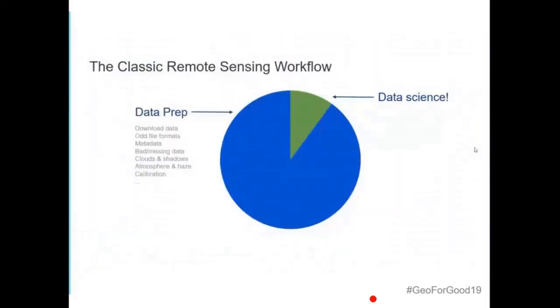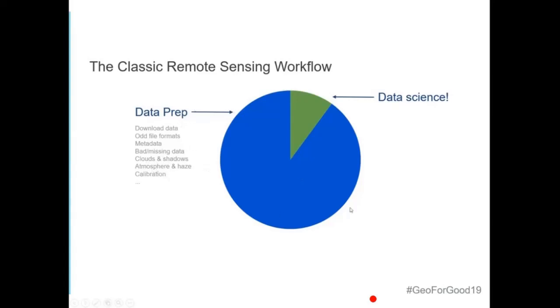The classic remote sensing workflow is that we prepare the data. We download data, and there will be all sorts of file formats: NetCDF files, HDF files, TIFF files, shapefiles. There are hundreds of file formats, and we deal with all of them. There are issues with metadata, bad or missing data, cloud shadows. So we have to do a lot of preparation.